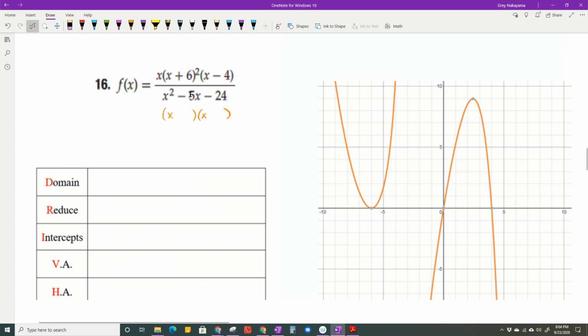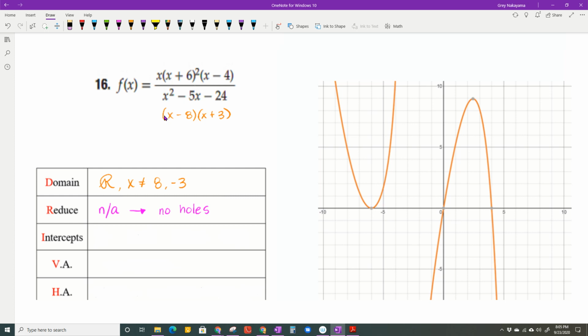I'm sure you already know it's going to be minus 8 and plus 3. So my domain is going to be all real numbers except 8 and negative 3. Can I reduce? None of these factors show up here, so I cannot reduce anything. So I have no holes in my graph.